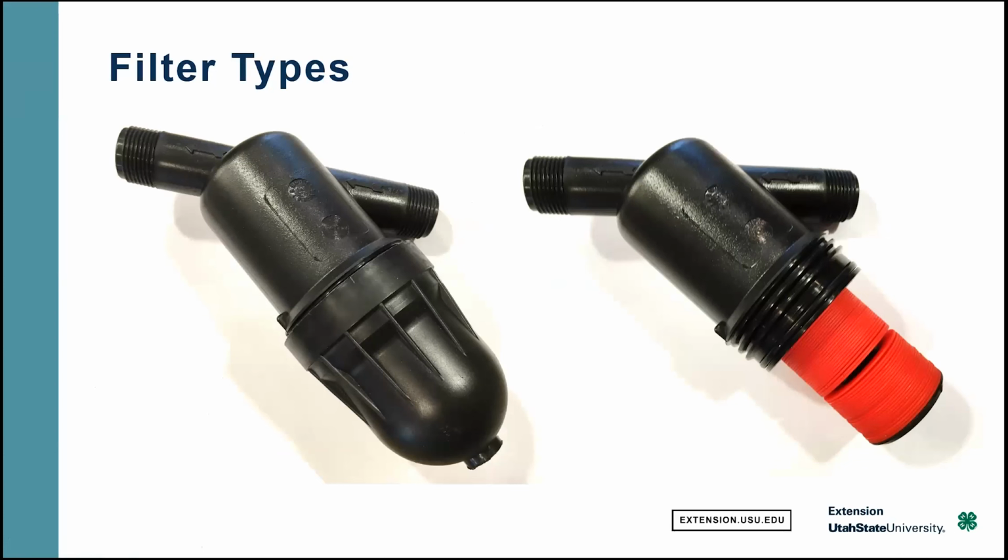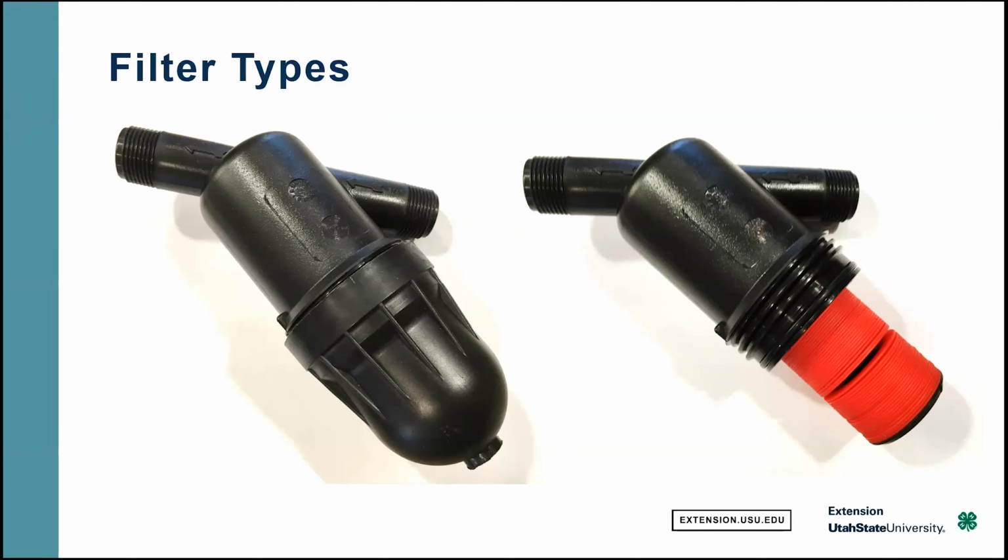If we take the bottom out, you can see the stack of discs. Those get compressed when the bottom is put on and the spring engages. You take it out and the discs come apart, and you can wash out the collected material.